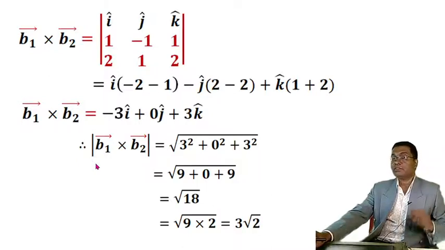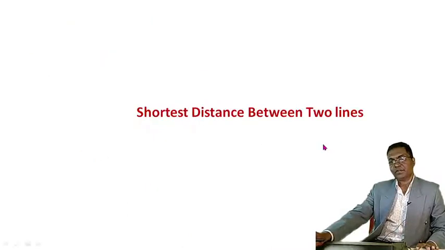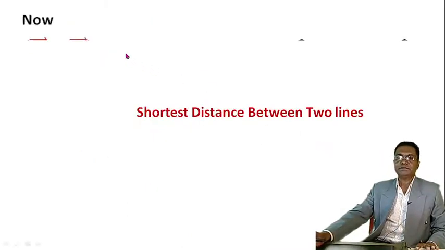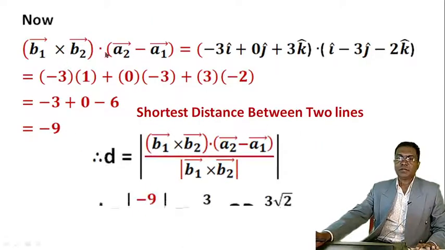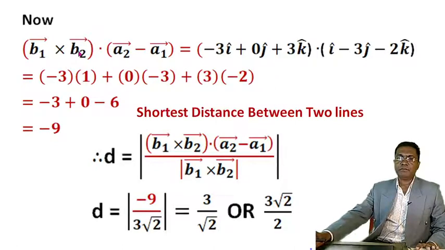Next is the dot product of this and a2 minus a1. So this is your dot product of b1 cross b2 dot a2 minus a1.